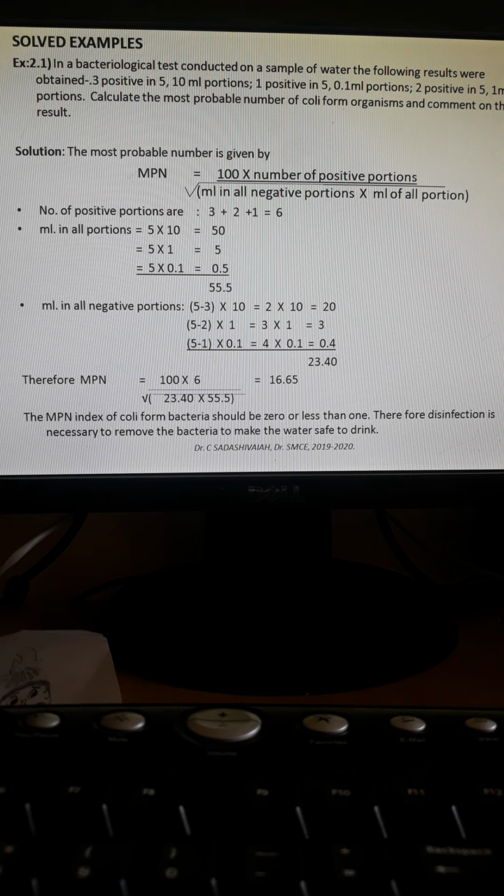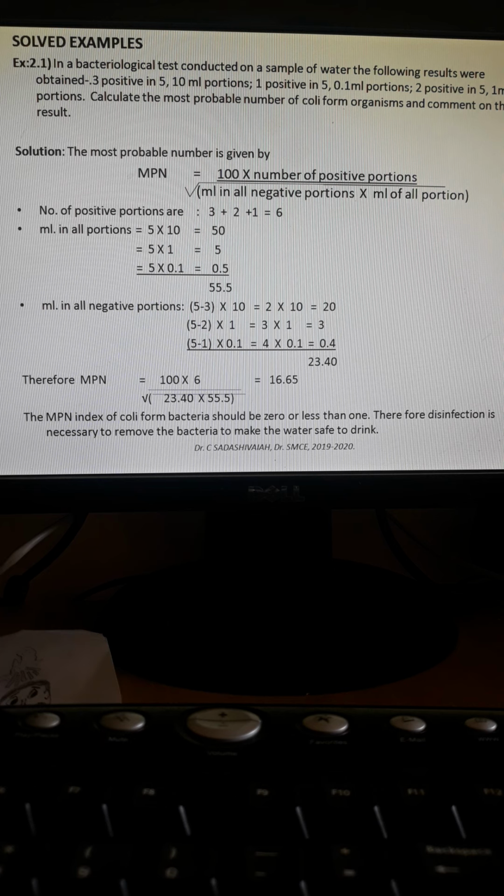Then in the denominator we have the first term, ml in all negative portions, meaning the total quantity of the sample taken to the test tubes where there was no gas formation. In the first set, out of 5 test tubes, 3 indicated positive, obviously 2 test tubes indicated negative.